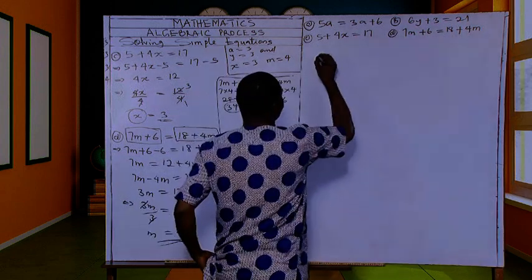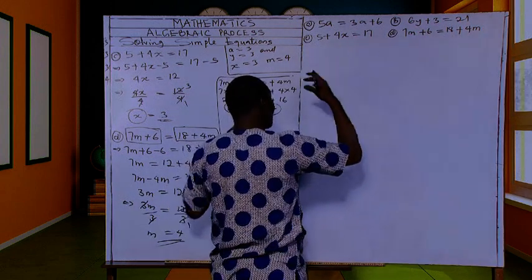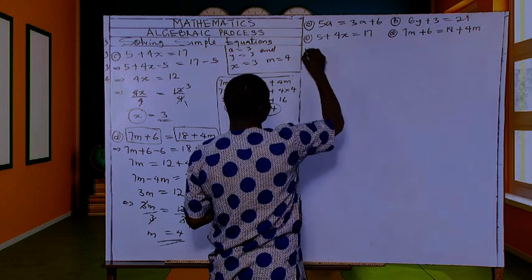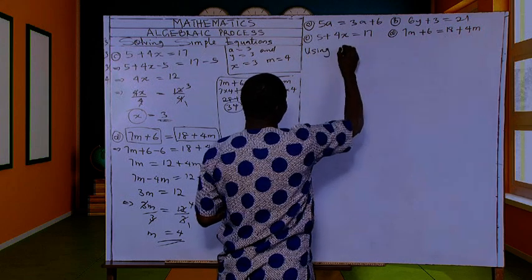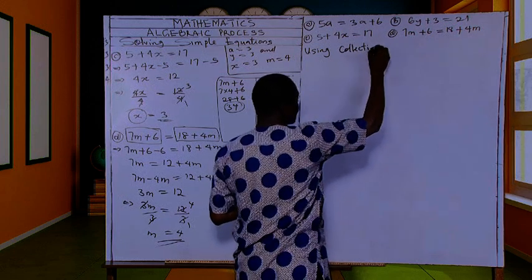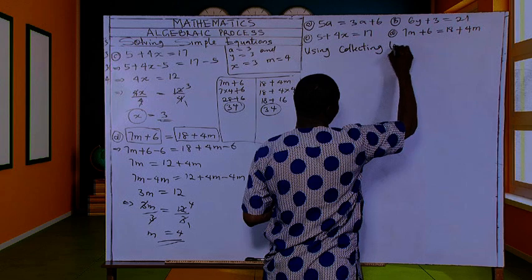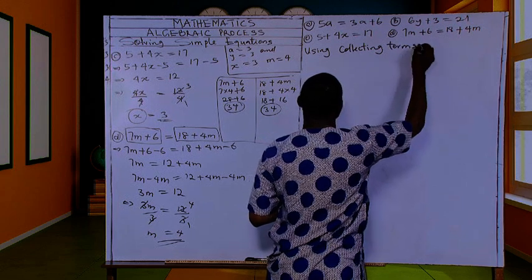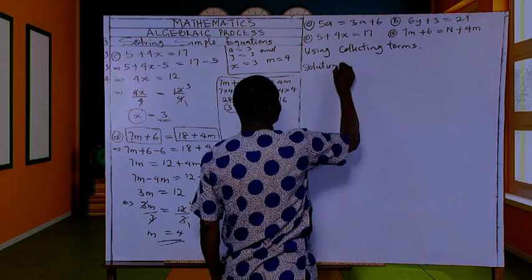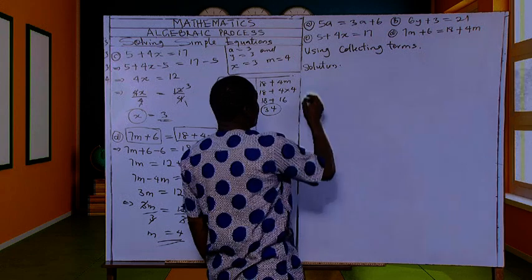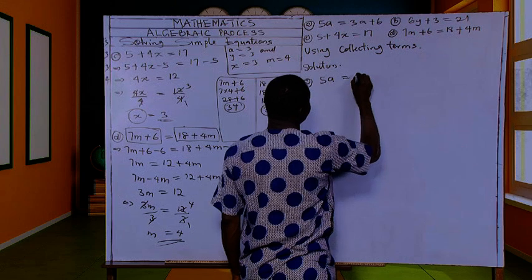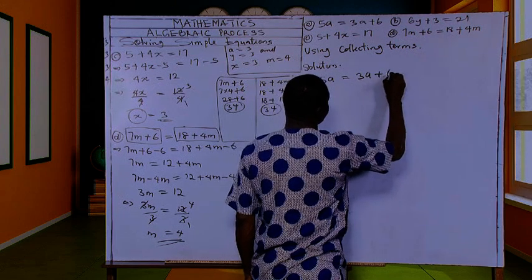Now let's take them one after the other using collecting terms. Solution, A: 5A equals 3A plus 6.